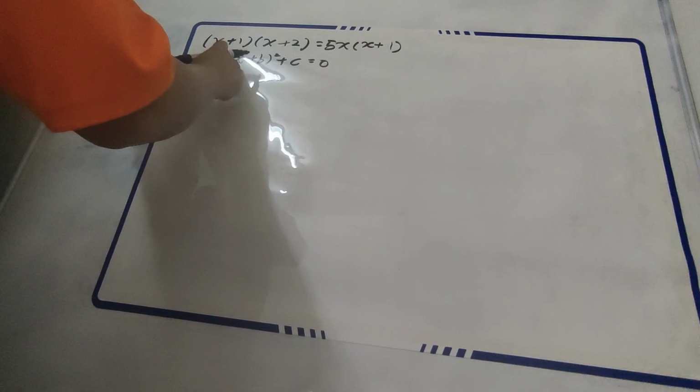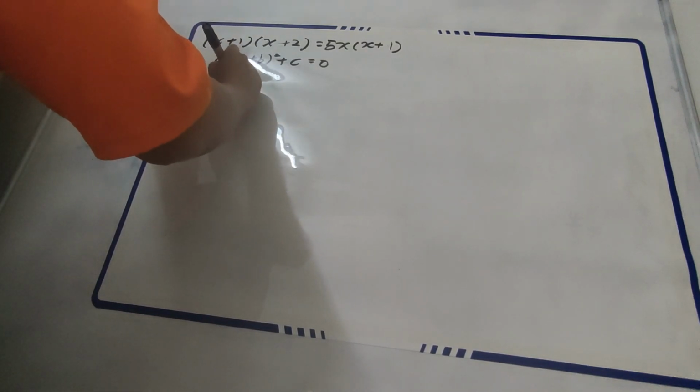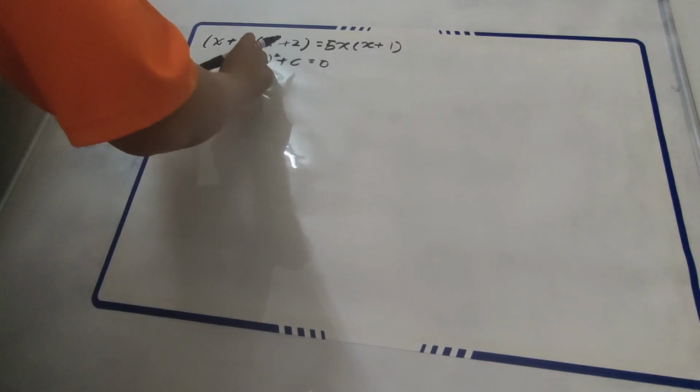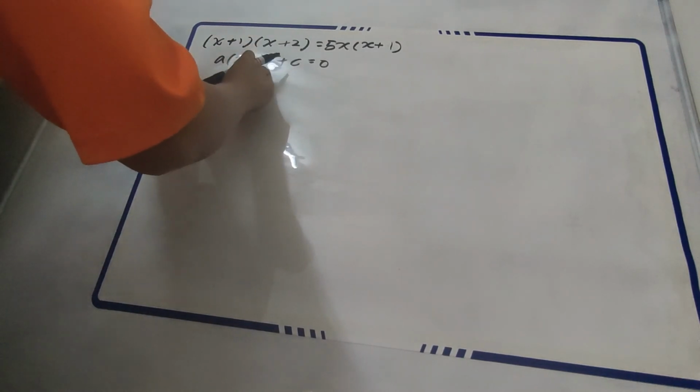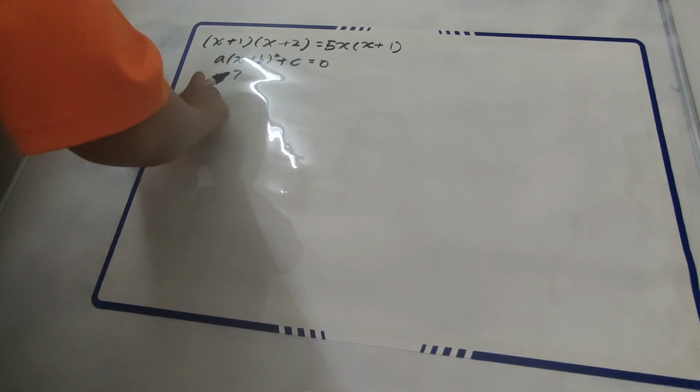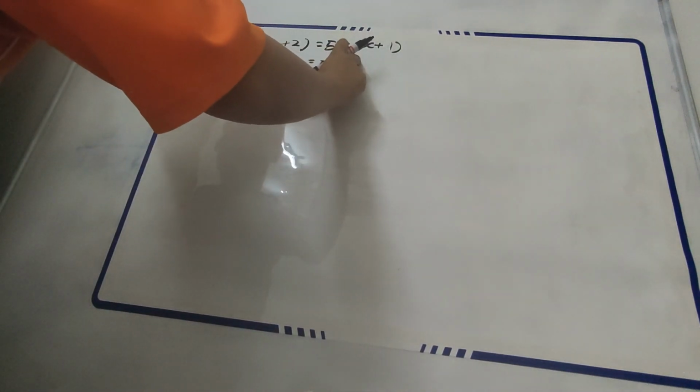And also the question asks you what is the value of x. So you need to express it in the completing the square form, and then use the completing the square method to find the value of x.